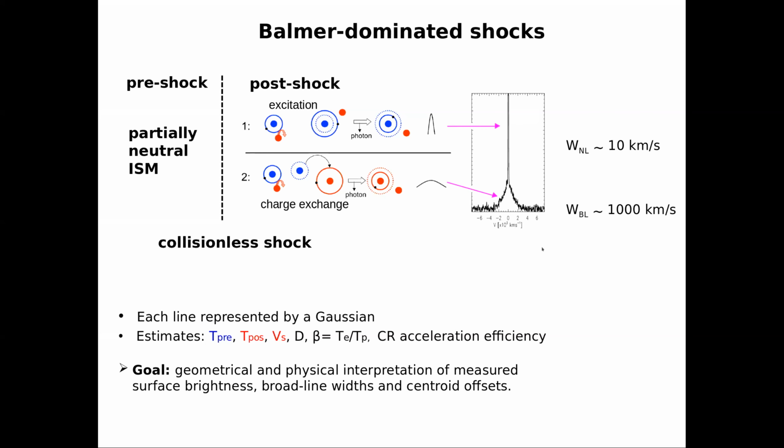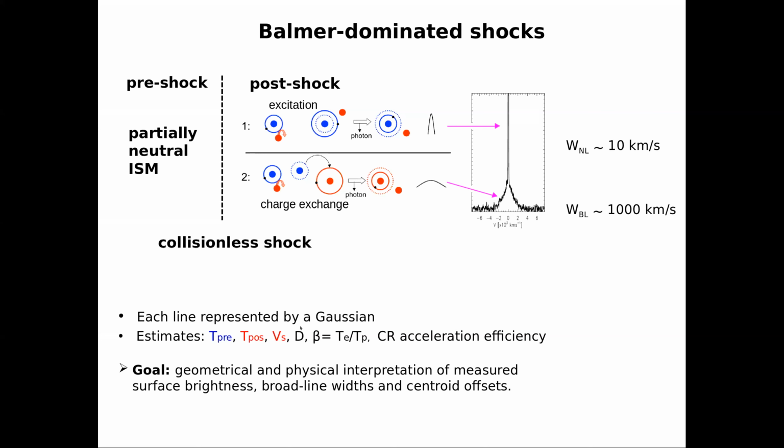Each line we basically represent with a Gaussian, and the line widths, shapes, and intensities give us information about the pre- and post-shock region, namely the temperature. Then we can determine shock velocity. Once we have proper motion measurements, we can get the distance to the object, which is not very well known for supernova remnants.